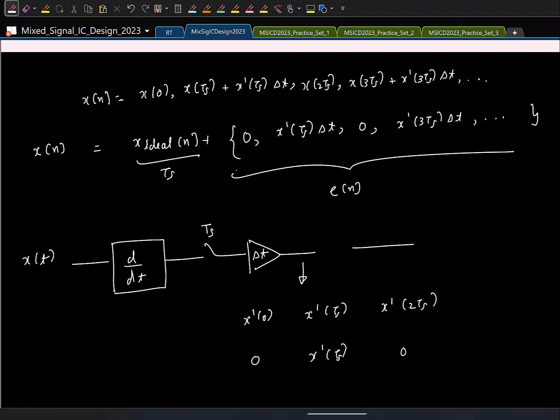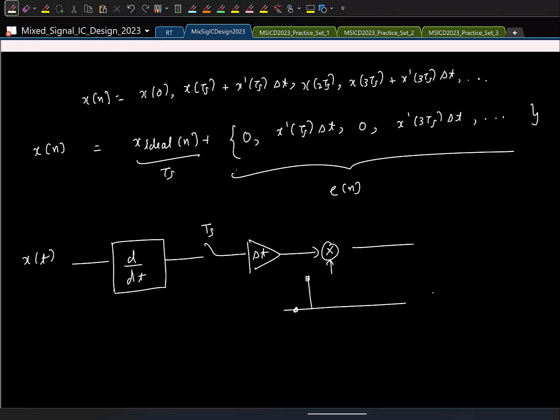What is the simplest operation you can think of? Multiply by, not zeros, right? I should multiply this with another sequence of 0 and 1. How should that sequence look? First sample should be 0, second should be 1, then 0 and so on. So here it's going to be a sequence which is 0, 1, 0.